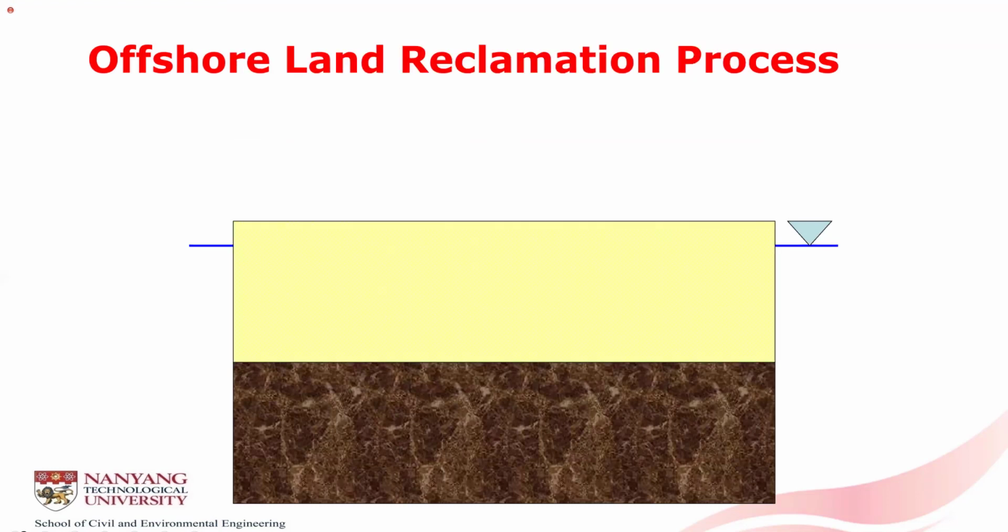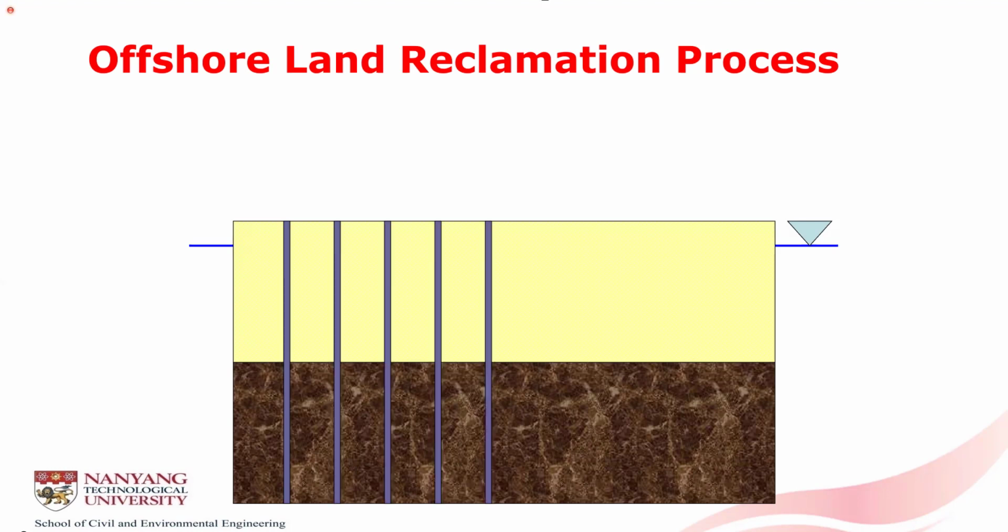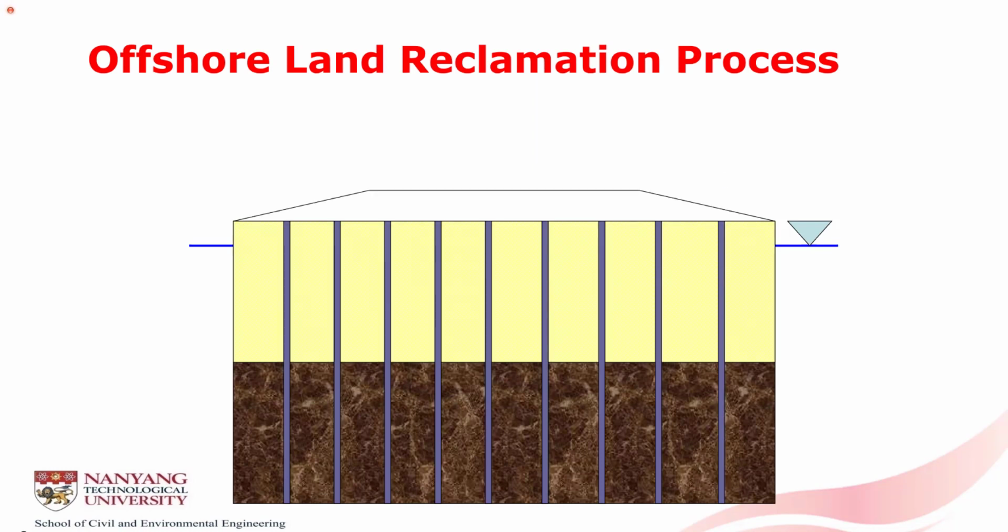Firstly, you place the sand fill on top of the seabed marine clay. Once you form a platform, you can start to install PVDs from the top of the platform, and then you can use preloading to consolidate the marine clay.